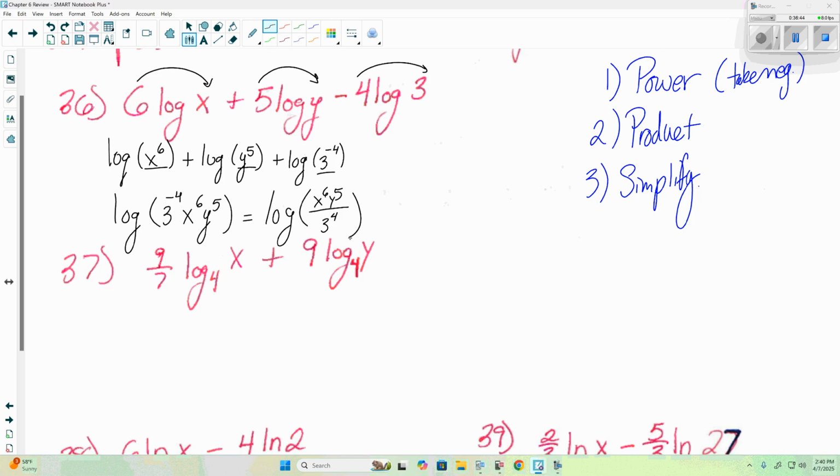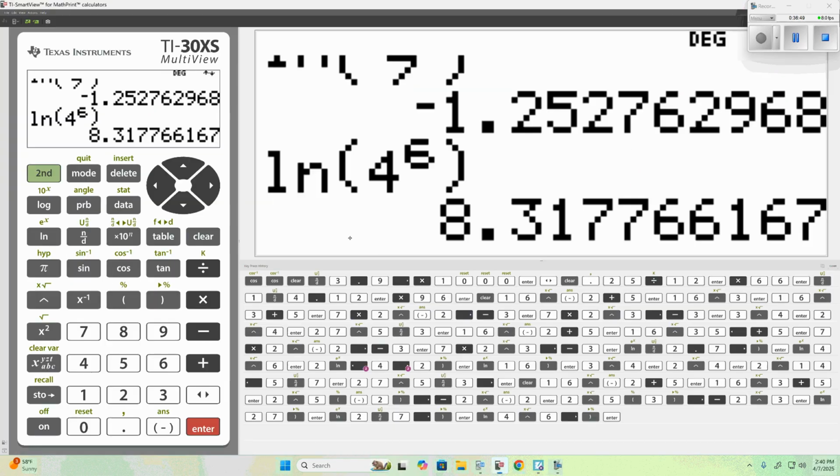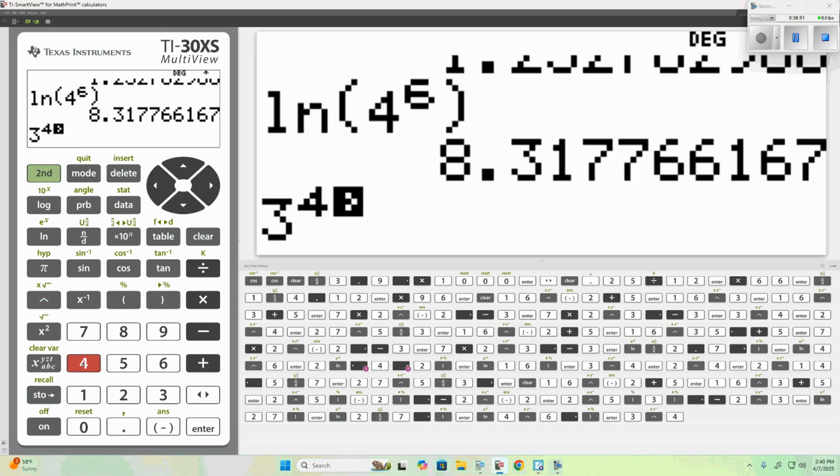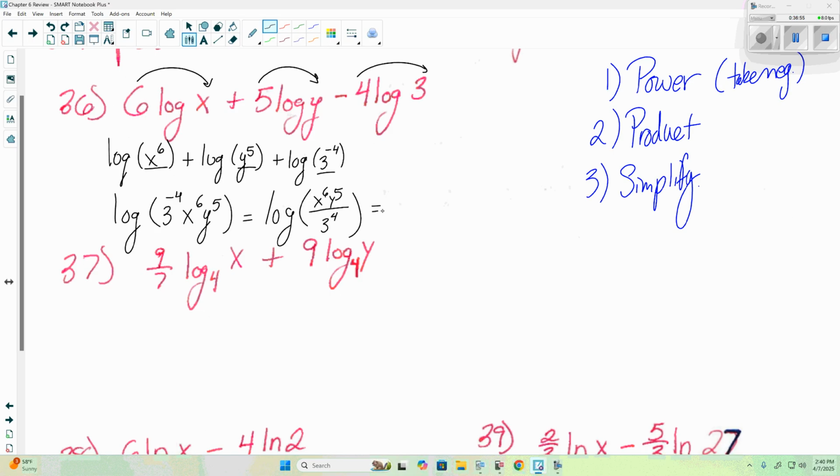3 to the 4th, is that a nice number? Yeah. If we're not sure, we can grab a calculator, say 3 to the 4th is 81. So we can say log of x to the 6th, y to the 5th over 81.